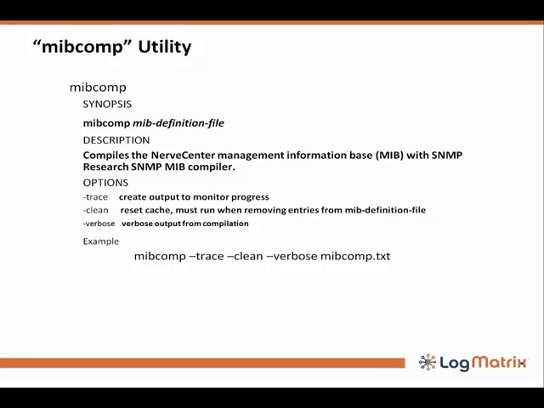What is the MIBCOMP.txt file? That is a textual listing of all the MIBs you want to have compiled into the NerveCenter MIB, so that NerveCenter can get its attributes, base objects, and do things. It's arranged in such a way that the older MIBs are structured under V1, V2 MIBs are there, V3 stuff is there.